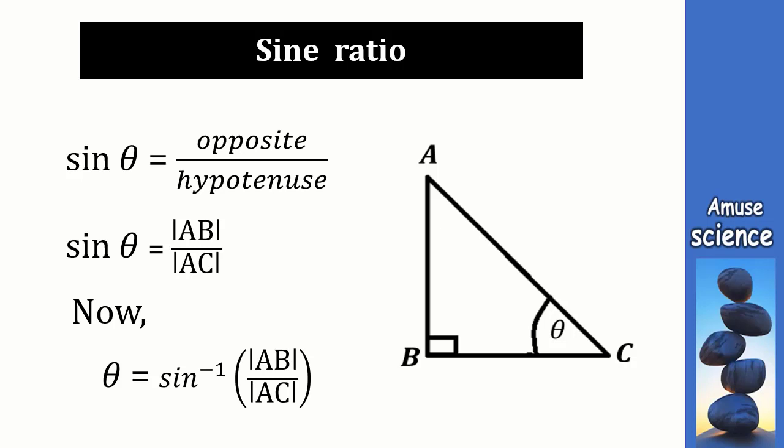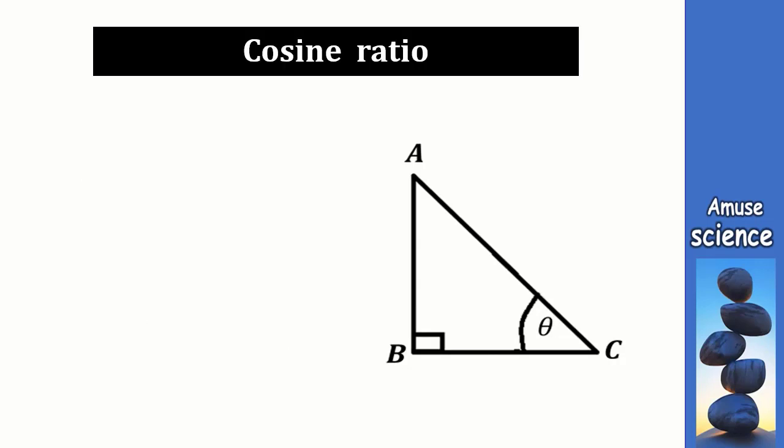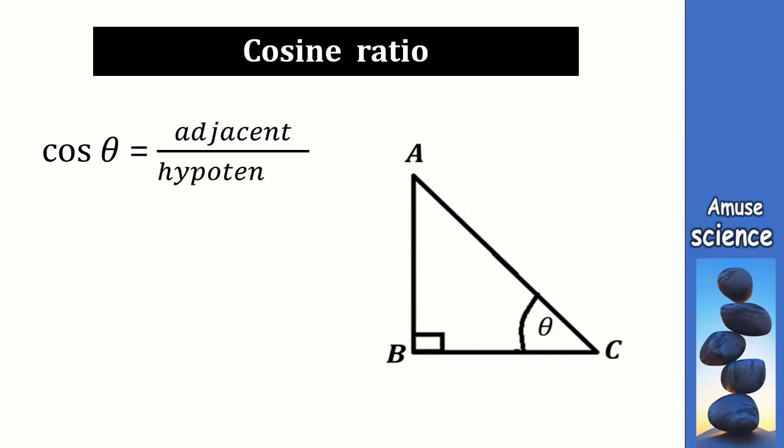Now, let's talk about the second trig ratio. It is called the cosine ratio. And the cosine is a ratio of the adjacent to the hypotenuse. And so we can write that the cosine of theta, which we write as cos theta, is equal to the adjacent divided by the hypotenuse.